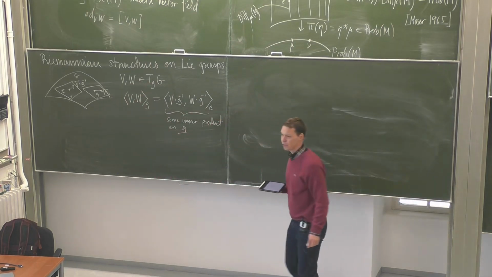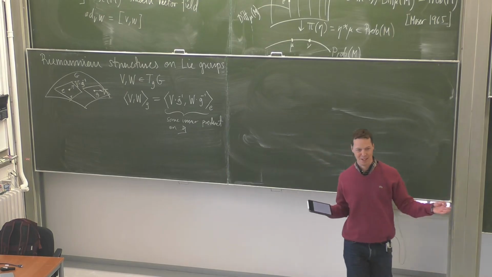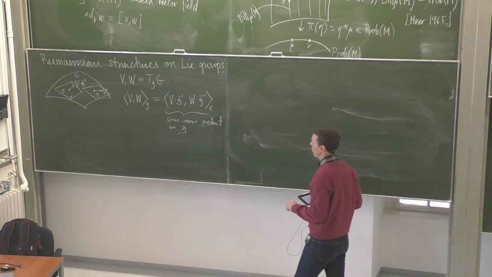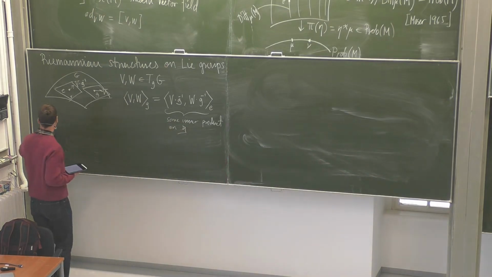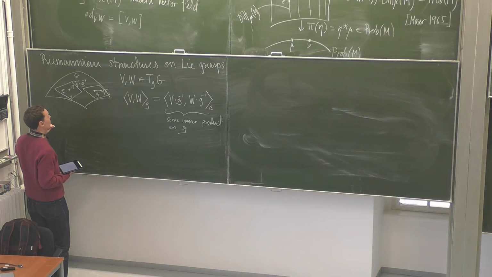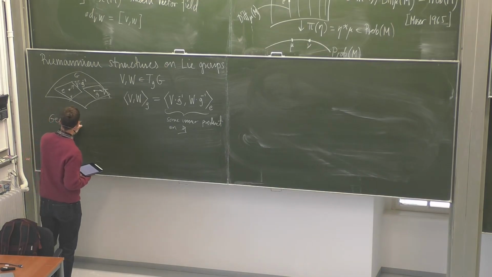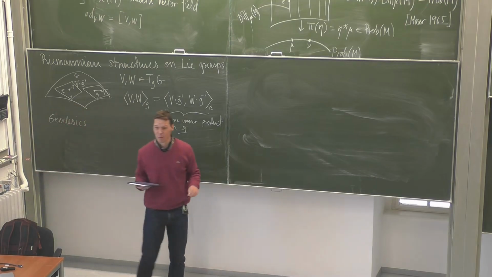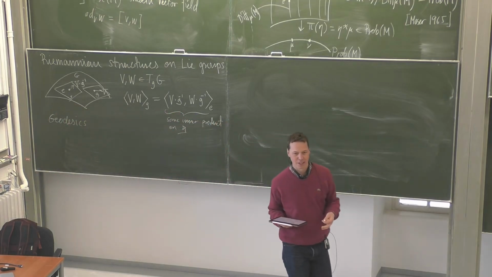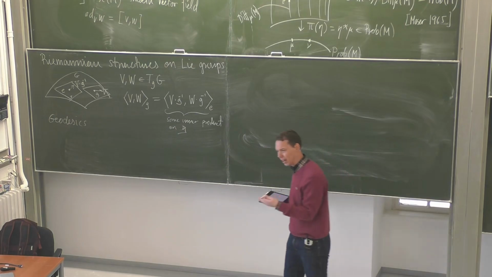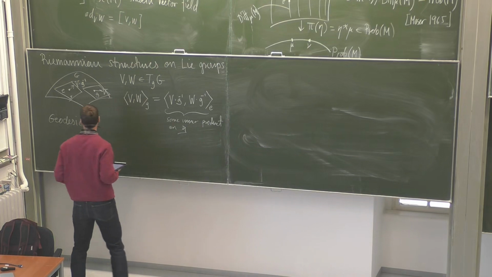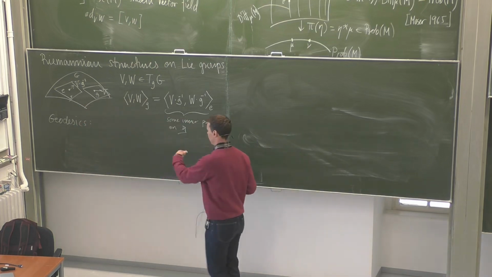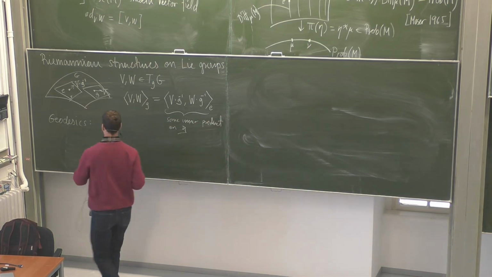And then once you have a metric, what's the next step? Well, then you want to know what the geodesics are. So now let's discuss geodesics. What you do is you write down the geodesic equations describing the geodesic. And in this particular case, when you have a setting like this, these equations are called the Euler-Arnold equations.